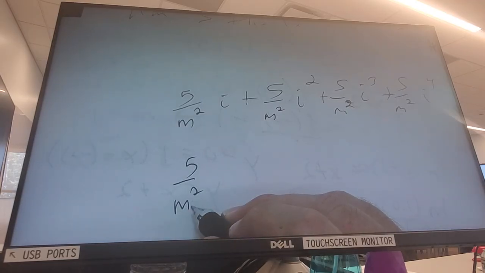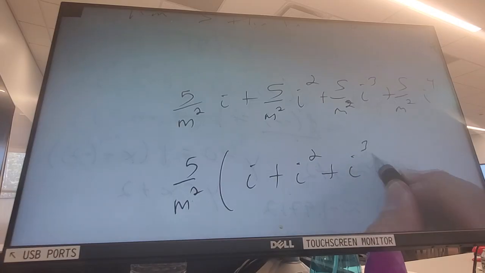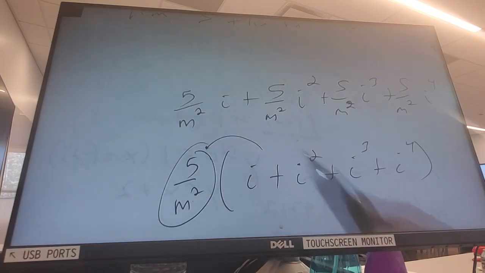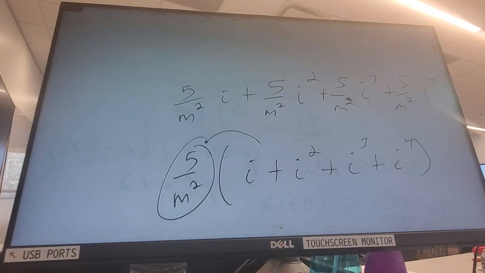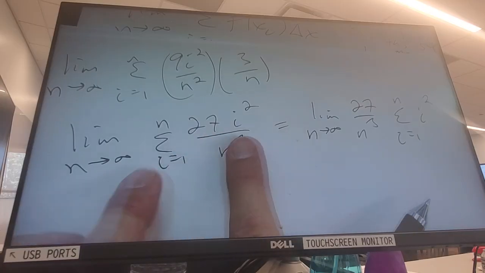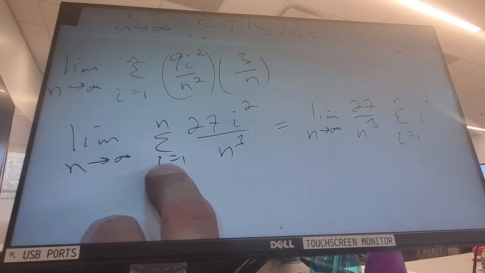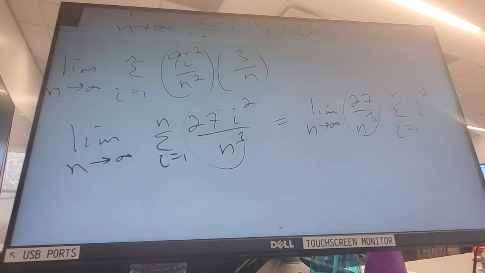You can write 5 over m squared in front of this sum, yes? So I could take that out of the sum and put it in front of it, correct? Because then I could just distribute it back. So all I'm doing here is, for every term in the sum, it would be 27 times something divided by n cubed, 27 times something else divided by n cubed, plus 27 times something else. So of course I could take a 27 over n cubed out. I'm just factoring it out.